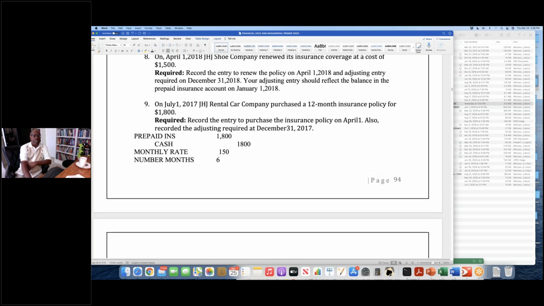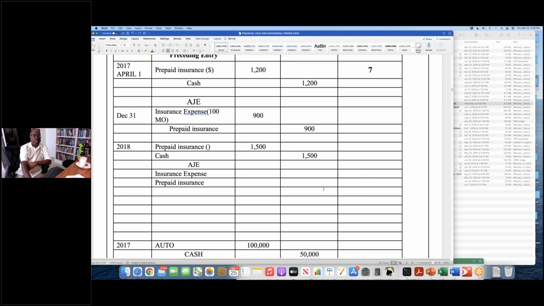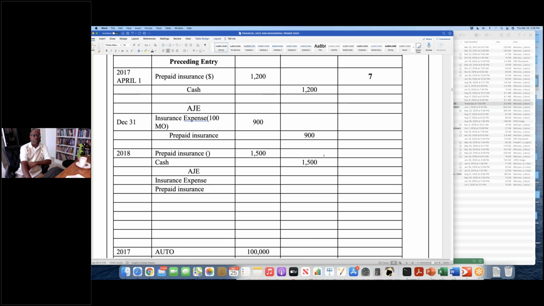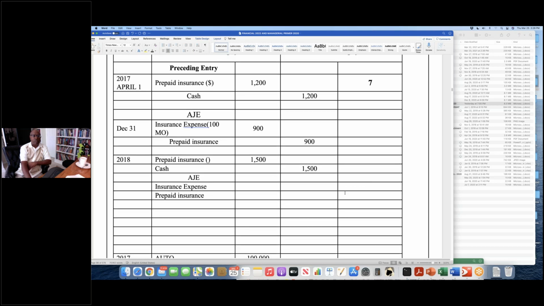So let's see how we would do that. So we bought the insurance. In January, I'm on my old contract, 100. February, I'm still under my old contract, 100.